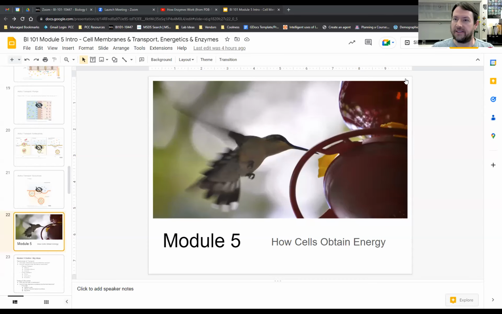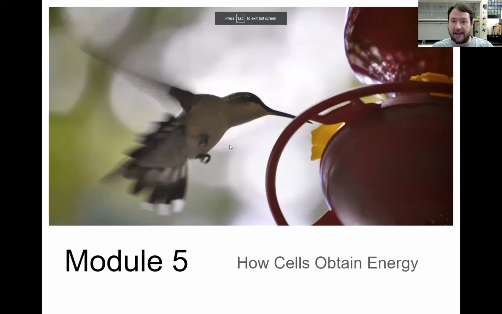This part of the lecture is talking about energetics, and in particular how cells obtain energy, the rules for energetics, and the biomolecular machines that actually do the chemical reactions, also called enzymes.